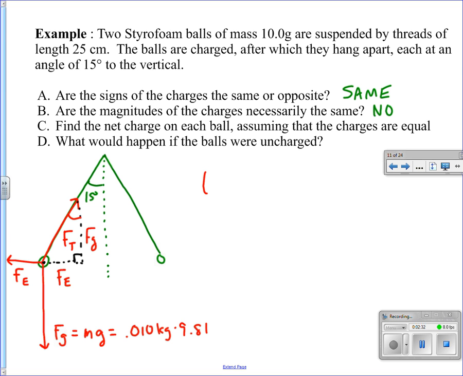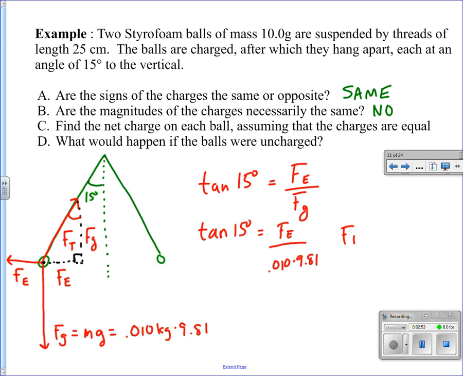So I know that the tangent of 15 degrees equals opposite over adjacent. That would be FE over FG. So the tangent of 15 degrees is equal to FE over 0.010 times 9.81. And when I solve that for the electric force, I get 0.0262 newtons.